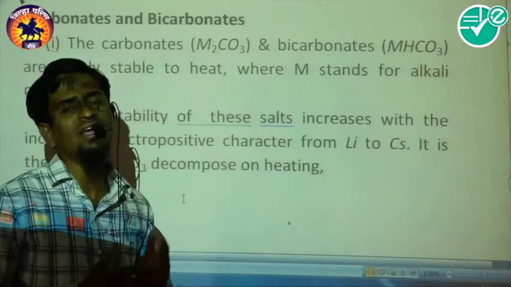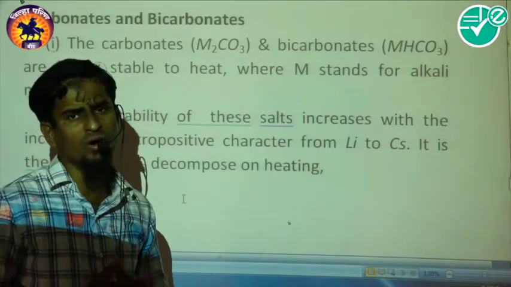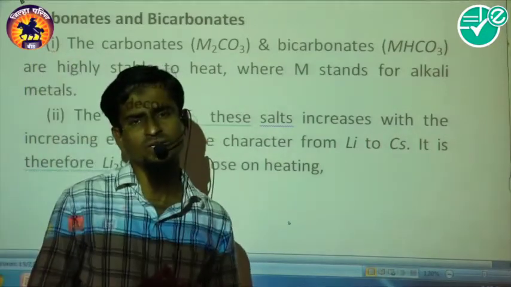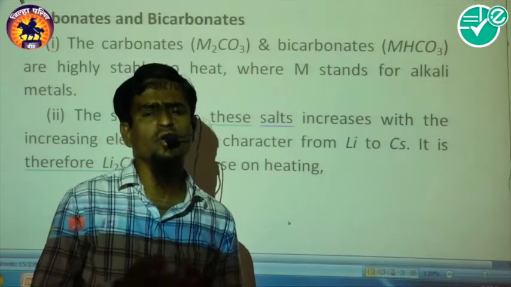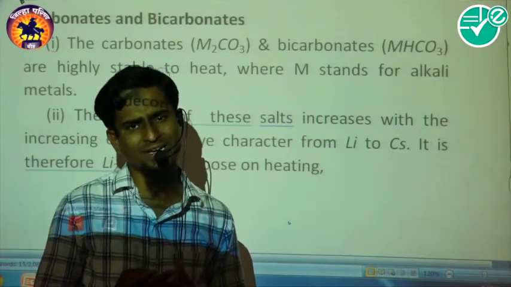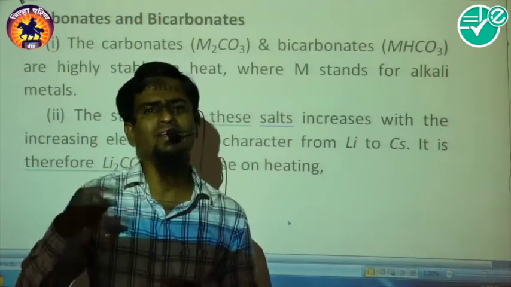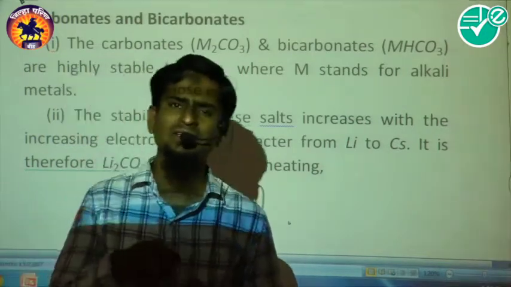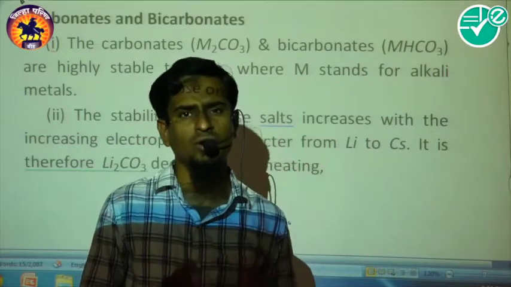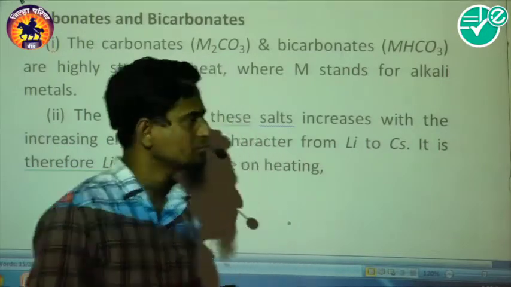Suppose you have taken carbonic acid, the formula is H2CO3. In H2CO3, two hydroxyl groups are present, so whatever proton is attached to that O gets ionized in solution. That's why they are called oxo acids.